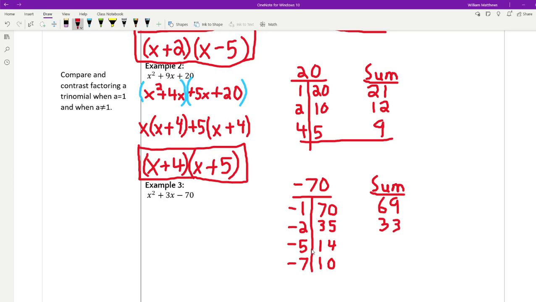This leaves me with all positive sums. 9. And then what we are looking for, our 3. Yet again, if the b was negative, then I would just make my larger value negative. So I have my two values.